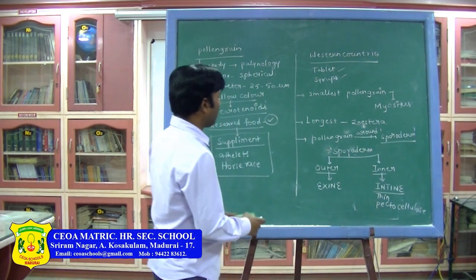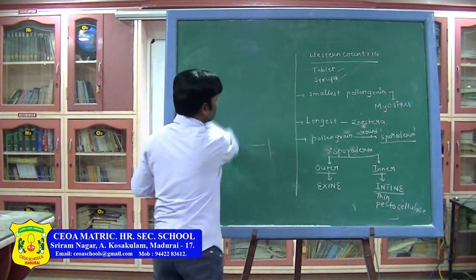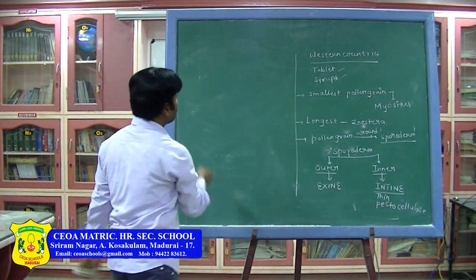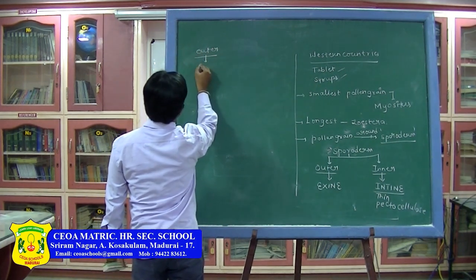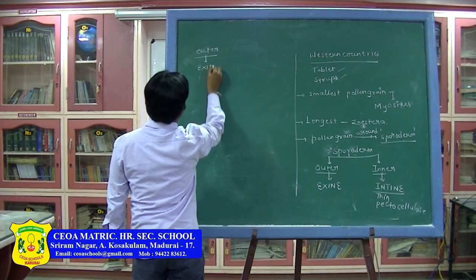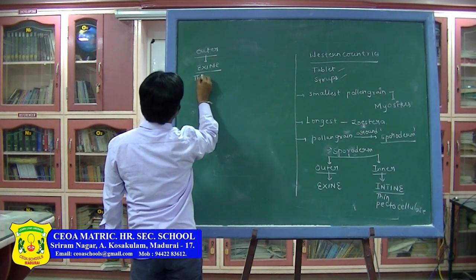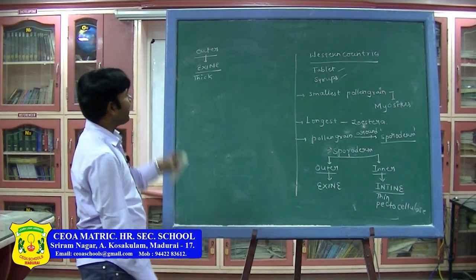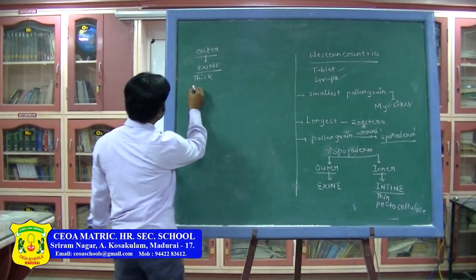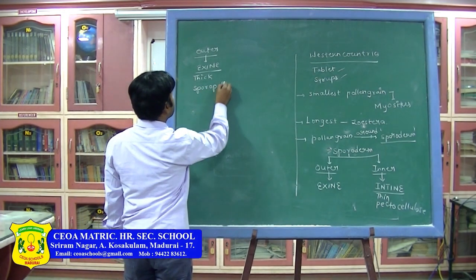Let us see the outermost layer of the sporoderm. It is the exine. The exine is thick in nature compared to the intine. Intine is thin and exine is thick. It is made up of sporopollenin.